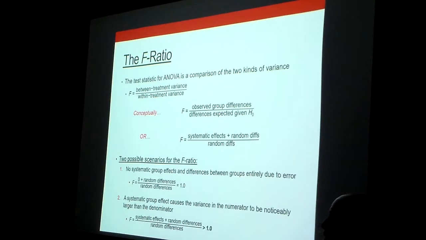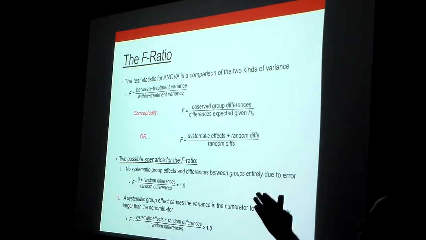Basically, the populations from which these samples are drawn all have the same mean, so there's no true effect. And the only differences that we're seeing across our group means are a function of random effects over the top of just the random variability that we would expect to see within groups. We're going to get an F ratio of about 1.